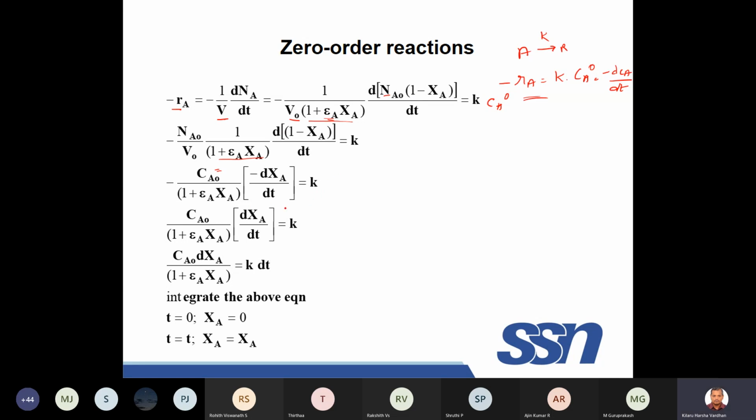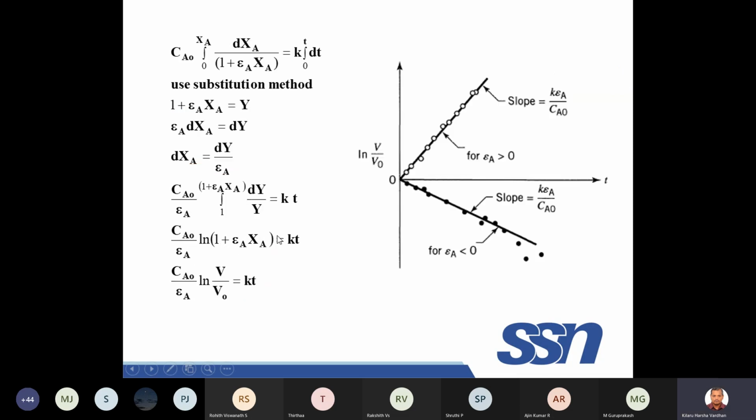So take all the k times to one side and the dt terms to one side. So CA naught dXA by 1 plus epsilon A XA is k dt. So put the integrals between the limits 0 to XA and 0 to t. So you are left with this particular thing, right? This is the expression which you get.